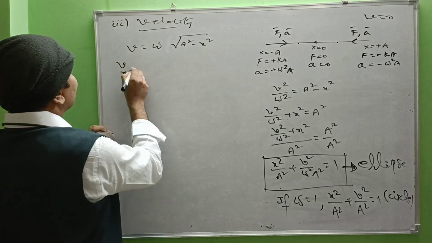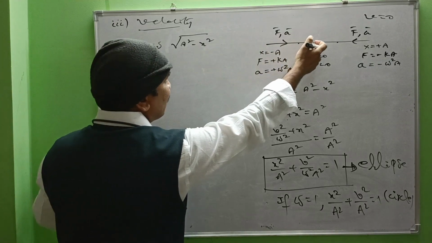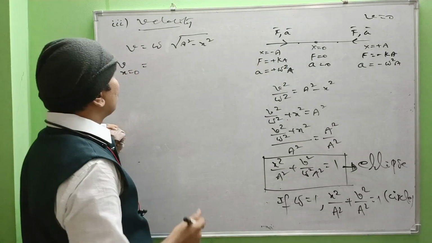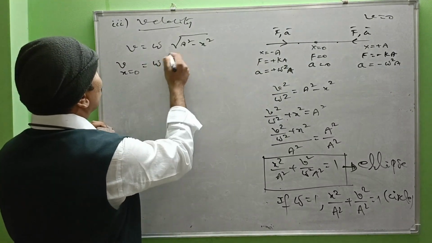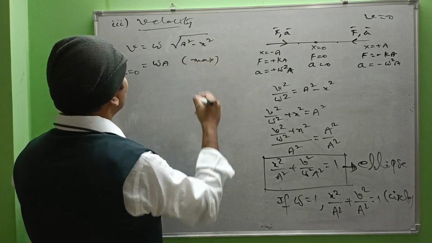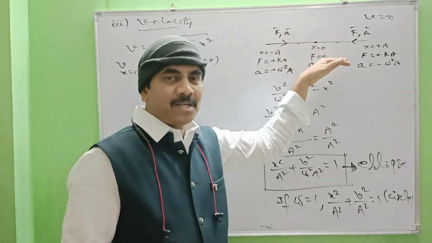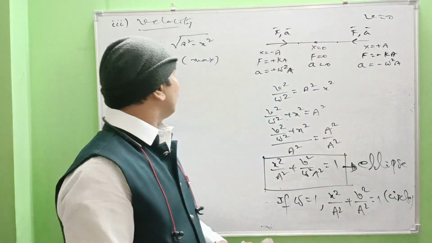V at x equal to 0, that is when the particle reaches its mean position, is omega into root a square, that is omega a, which is v max, the maximum speed. When the particle reaches its mean position during oscillation, its speed is maximum.